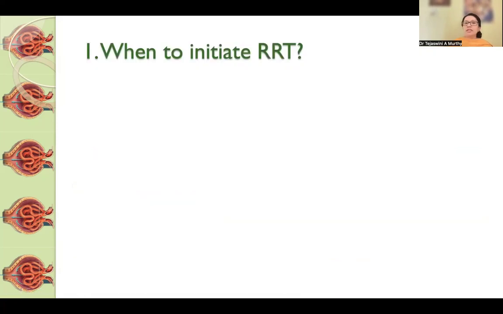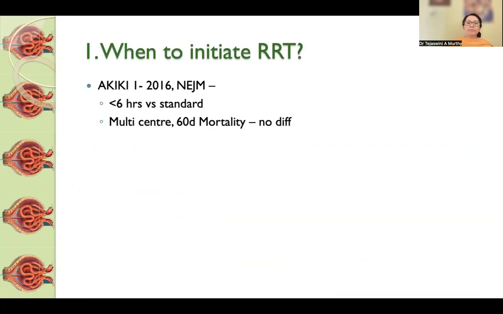So when should we initiate renal replacement therapy? The AKIKI, or Artificial Kidney Initiation in Kidney Injury trial, was first published in the year 2016 in NEJM, where they compared dialyzing a patient within 6 hours of recognizing AKI, or acute kidney injury, versus waiting until standard indications.